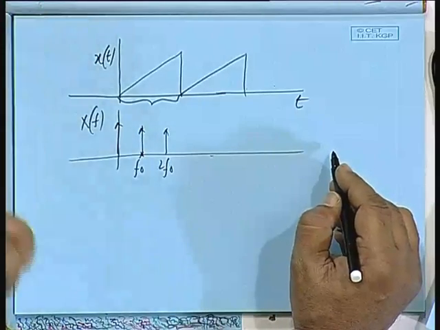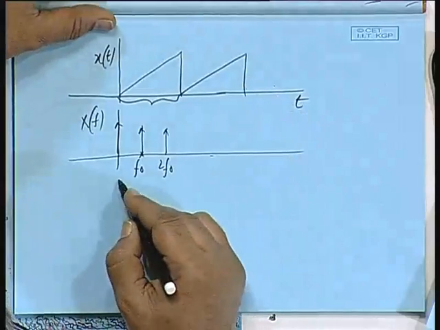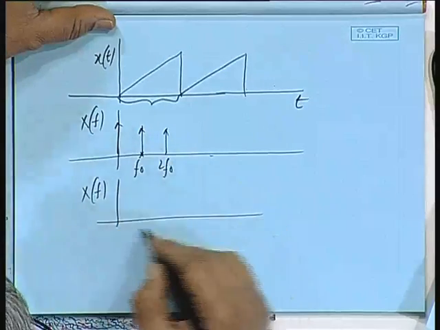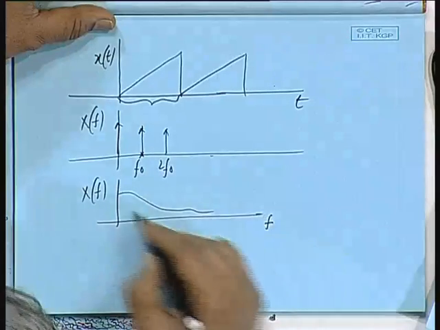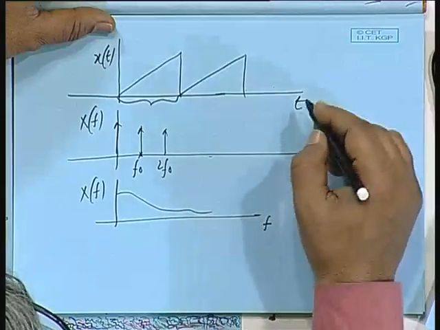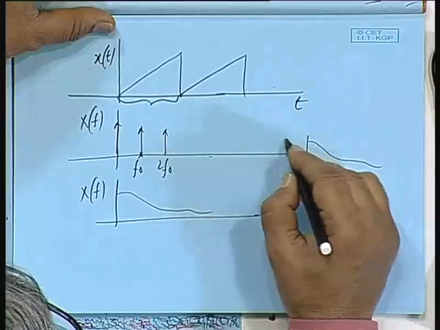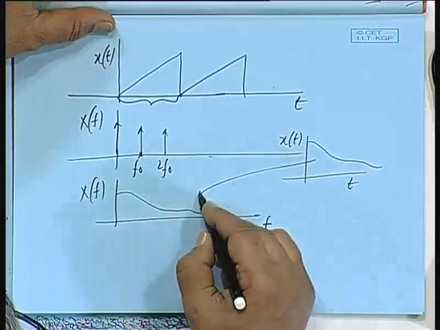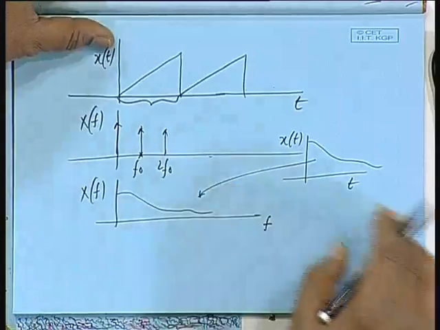In case of periodic functions. If this is an aperiodic function, then xf is no more discrete, it is a continuous function. All possible frequencies are present when xt is an aperiodic function. This is xt. So, corresponding to that you have a frequency transform which is continuous, not lines.